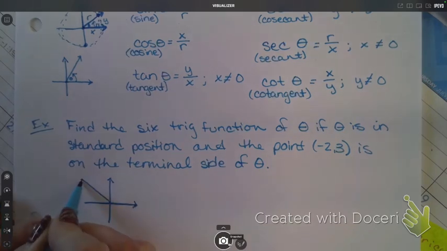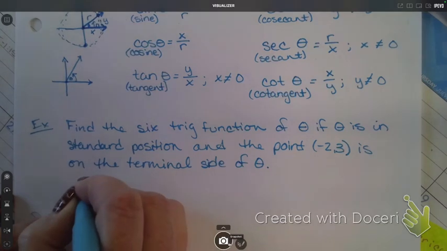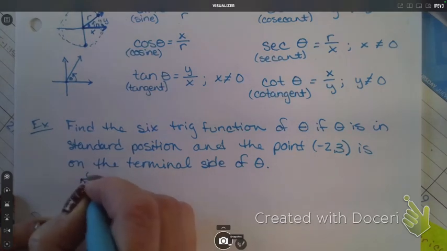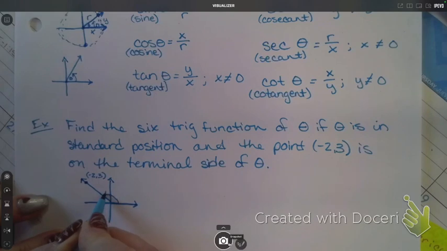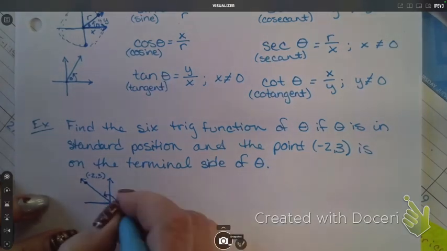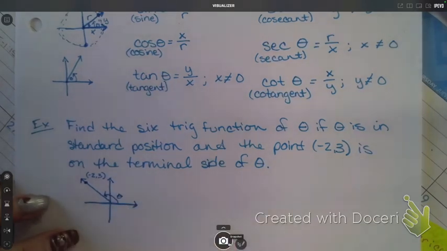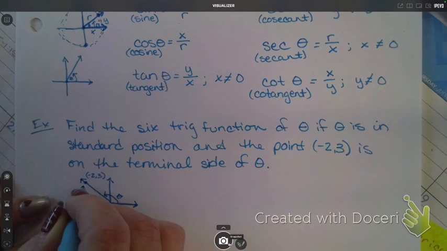Here. And I have some point on it, and it's -2, 3. So my angle goes like this, right? So this is theta. Now, we probably should make a circle.